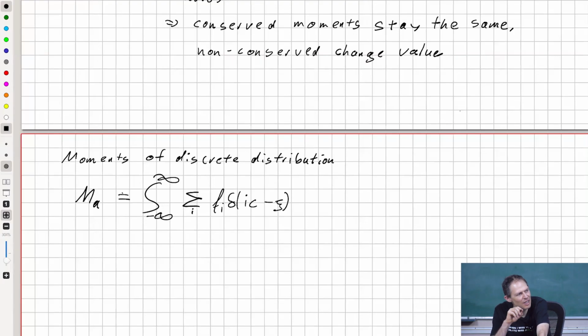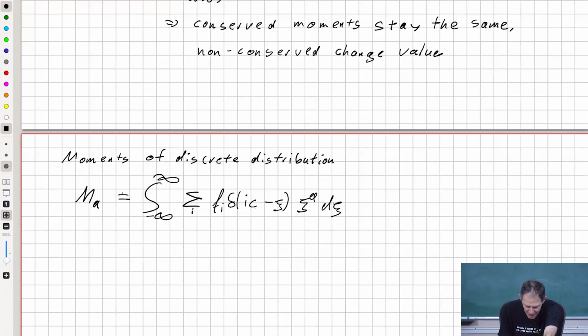You know what a Dirac delta function is, right? And this has to be integrated over Xi to the power A, and then we integrate over Xi, which now comes without vector because it's one-dimensional. Now what happens if you take an integral of a Dirac delta function? It is 1 when the integral includes this position and otherwise 0.